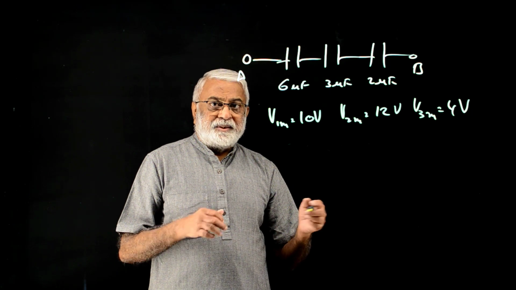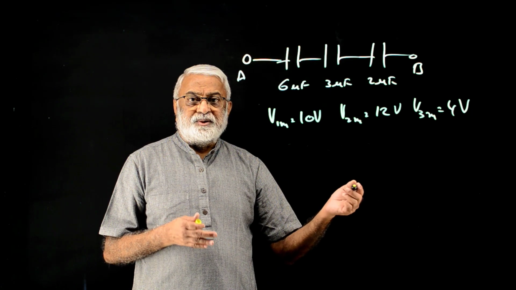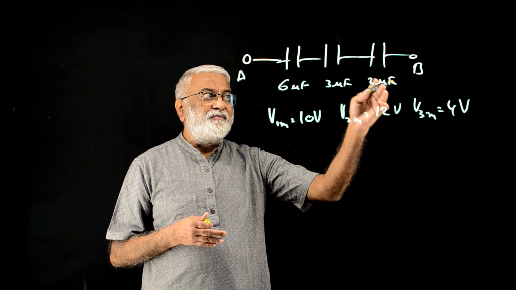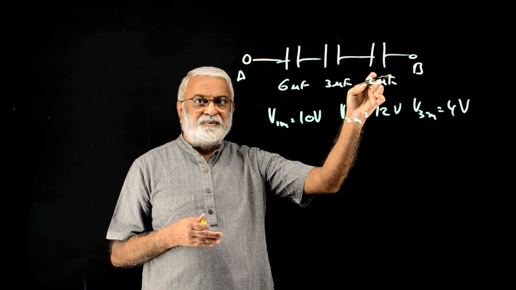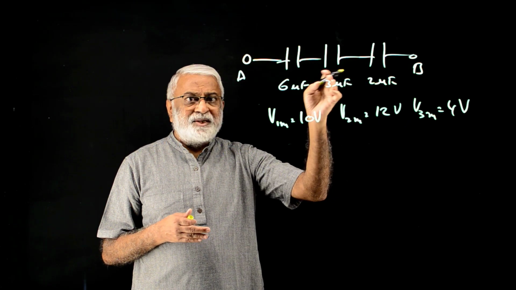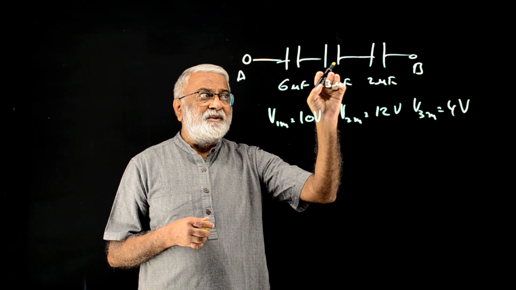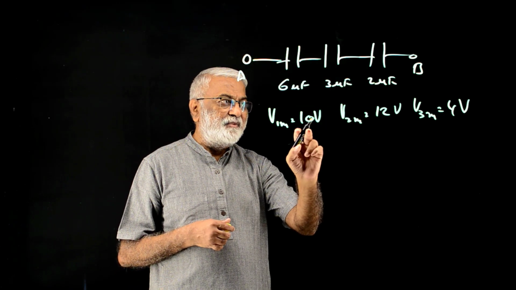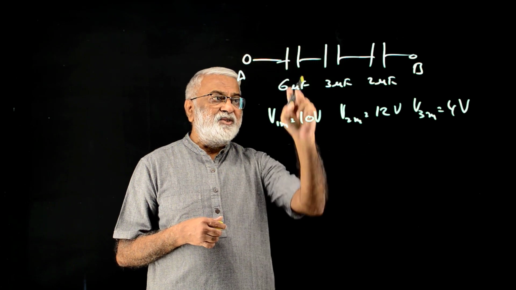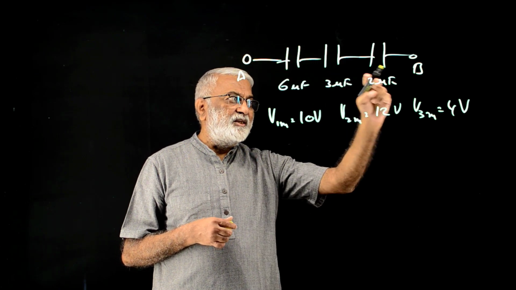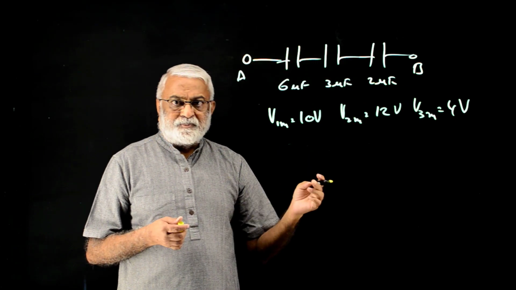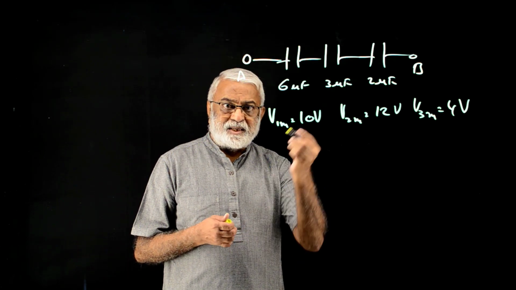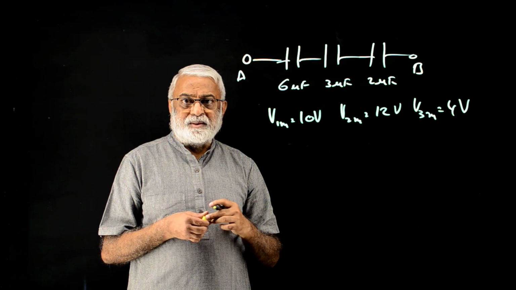Sorry, yes, 8 microcoulomb is the charge you can store in any one of the capacitors, because if it's more than 8, this will break down. The others can store more charge, but we are not interested in those. The least of the maximas: this is 60 microcoulomb, this is 36, and this is 8. So the maximum is 8 microcoulomb, right?